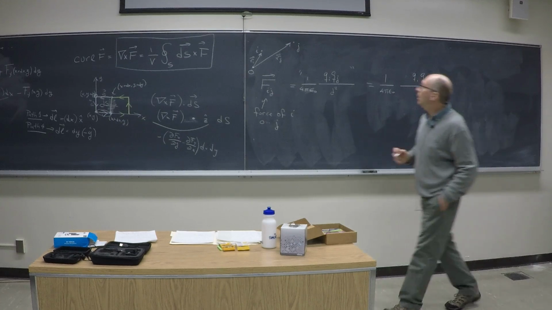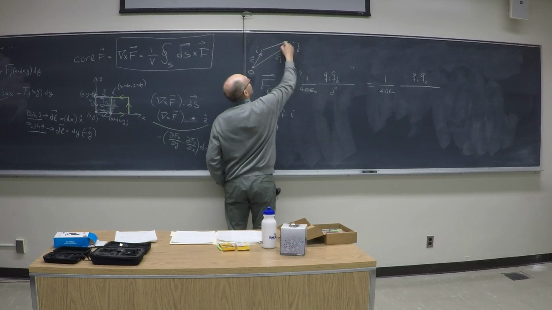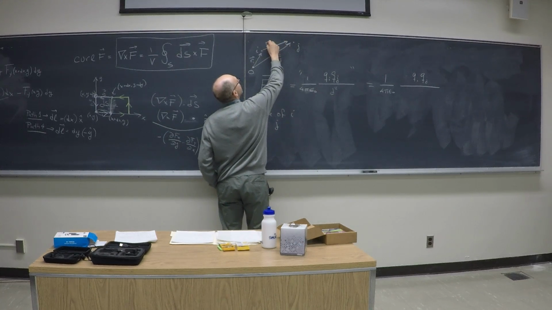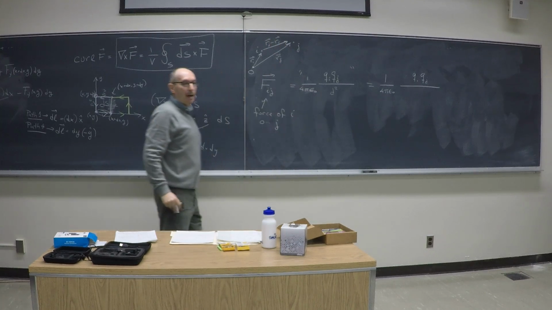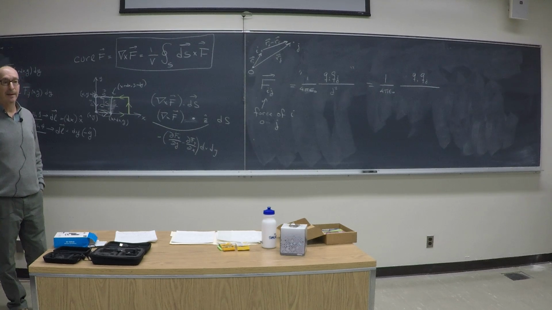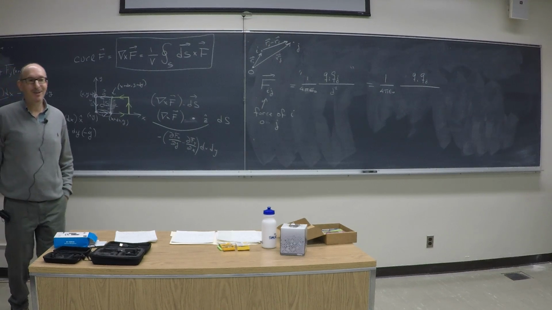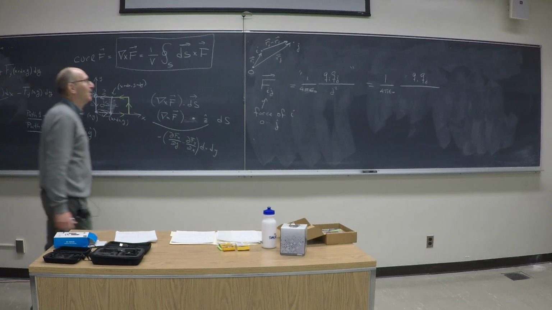Yeah? So, okay, let me draw that one. So this one up here is the vector r_j minus r_i, right? And so that is still a vector. How do I get the distance out of that vector? Just the magnitude.